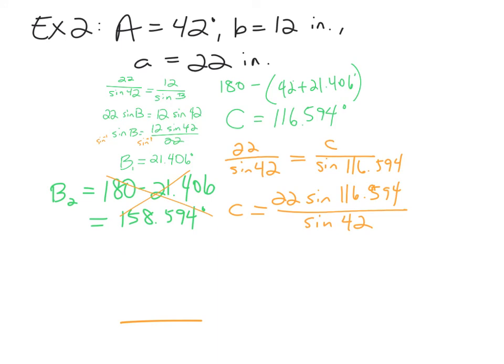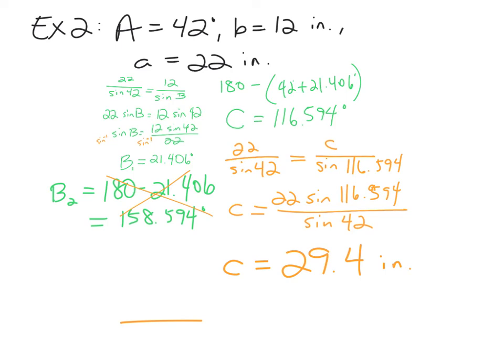If we type that into our calculator, divided by sine 42, we would get our third side to be 29.3999, so let's just call it 29.4. And remember, we were dealing in inches in this particular problem.